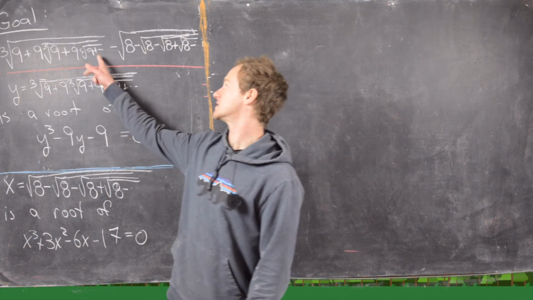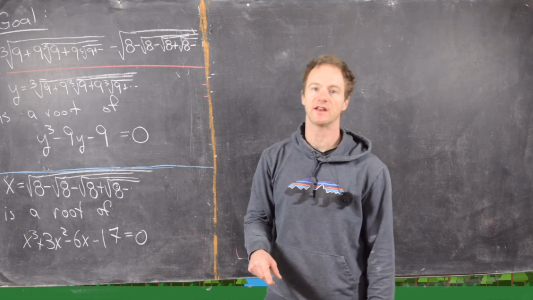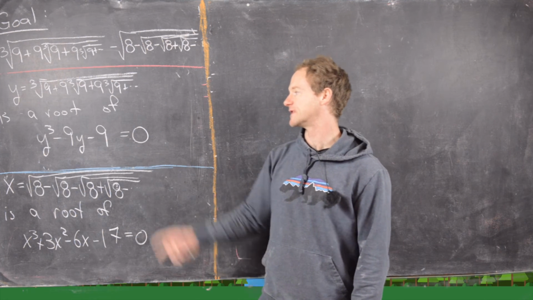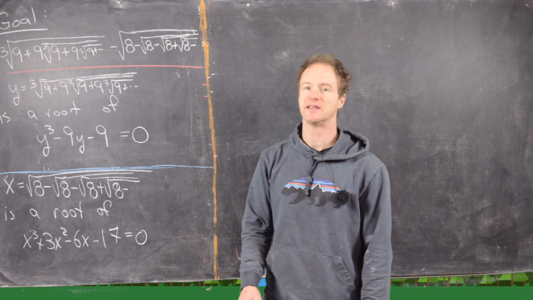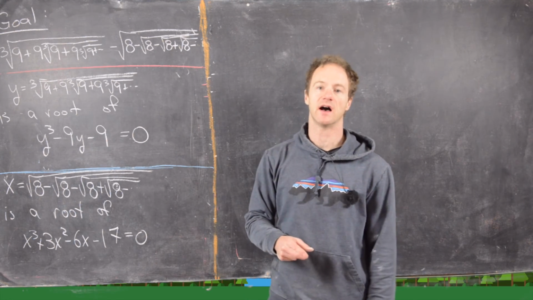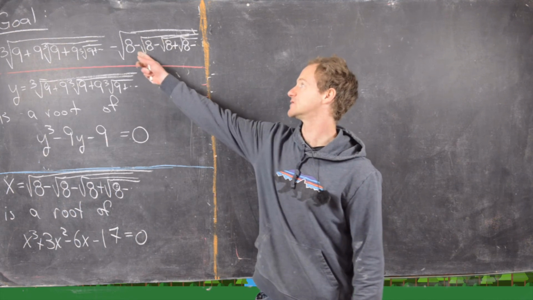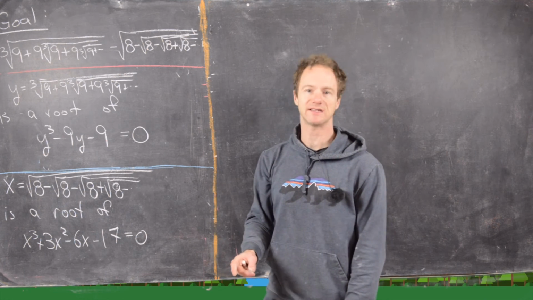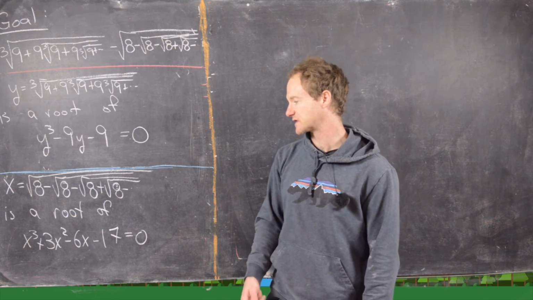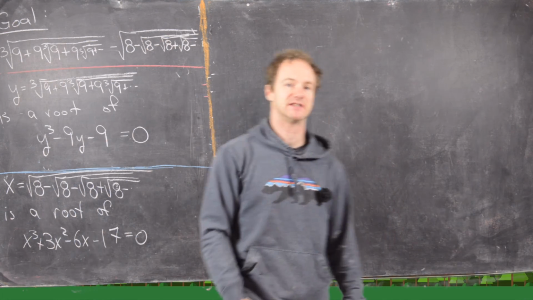This first term, which is this iterated cube root involving 9s, is going to be a root of this polynomial y cubed minus 9y minus 9 equals 0. And then this iterated square root involving 8s, with 2 minuses and a plus, is going to be a root of this x cubed plus 3x squared minus 6x minus 17.